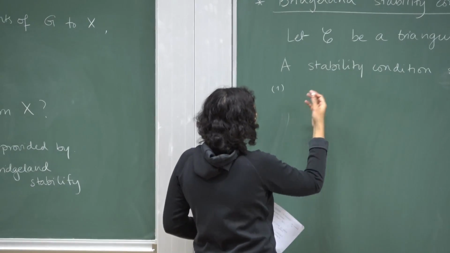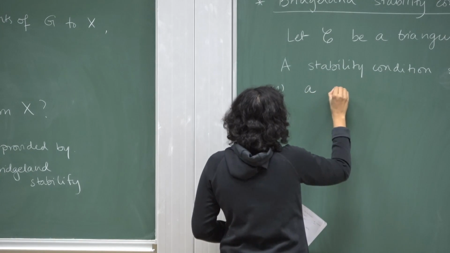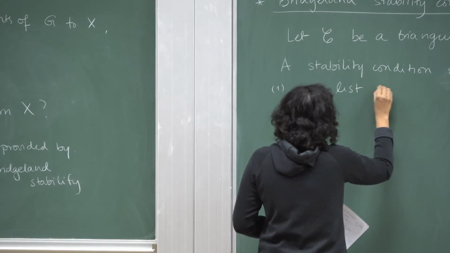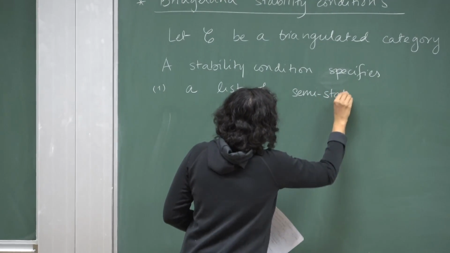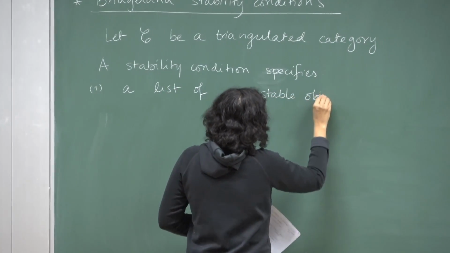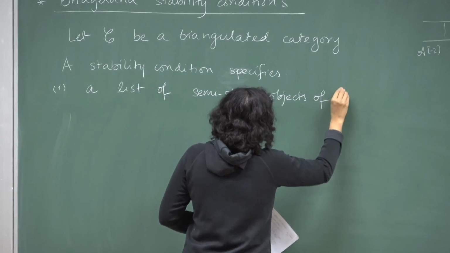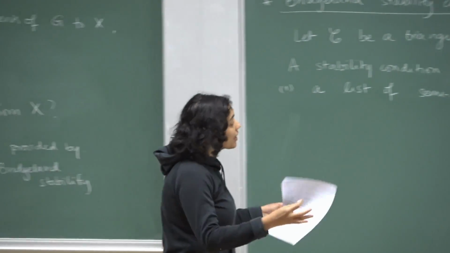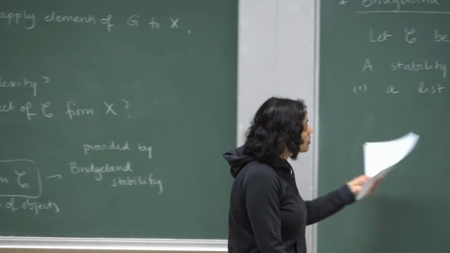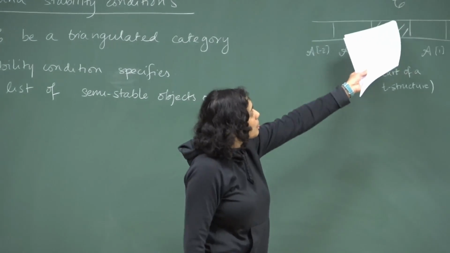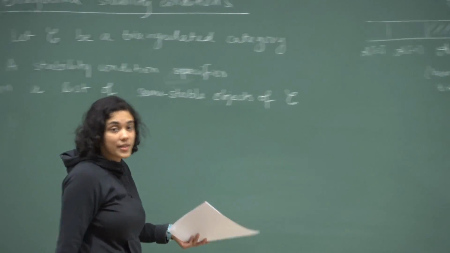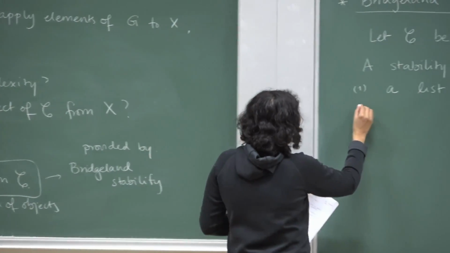So it specifies a list of, I'll say semi-stable objects of C. So this is a particular collection of objects of C. And for those of you who are familiar with GIT stability, you should think of the semi-stable objects inside the abelian heart of C.